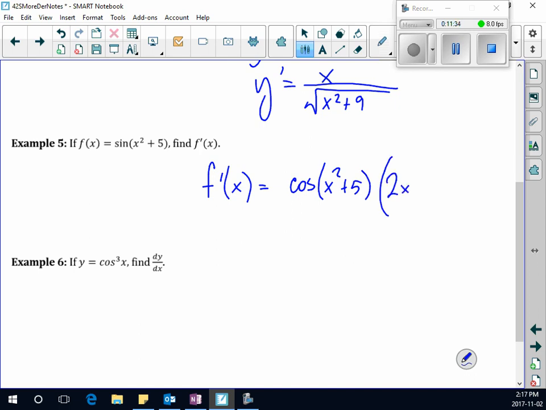I was just mentioning that we usually don't leave the 2x here. We usually put that in front. So 2x cos of (x squared plus 5). Once you know that you're going to do that, you might automatically just put it in front.